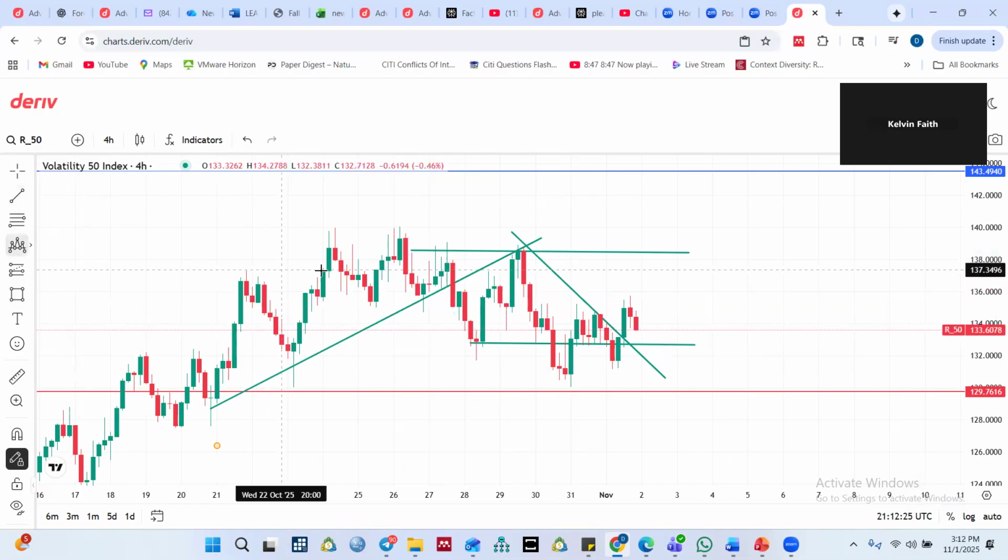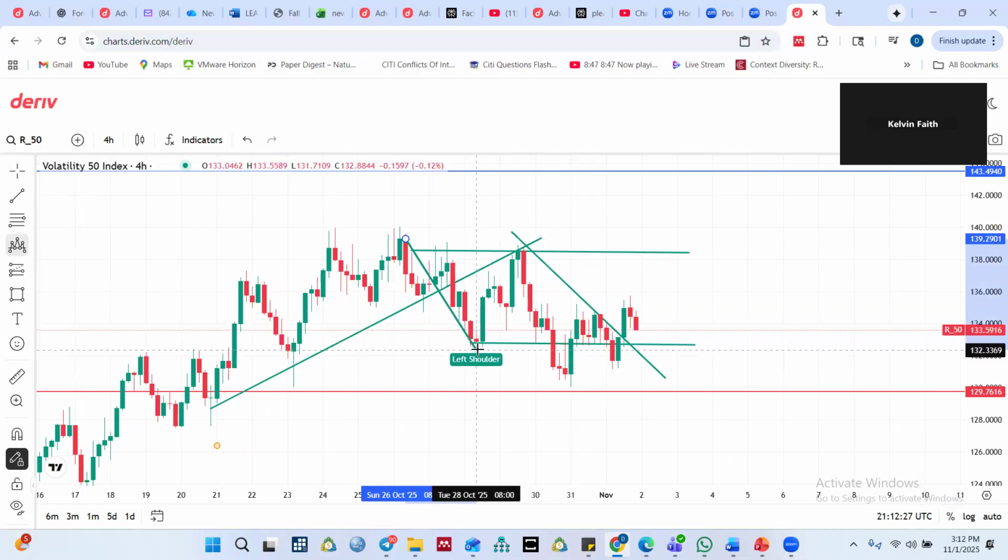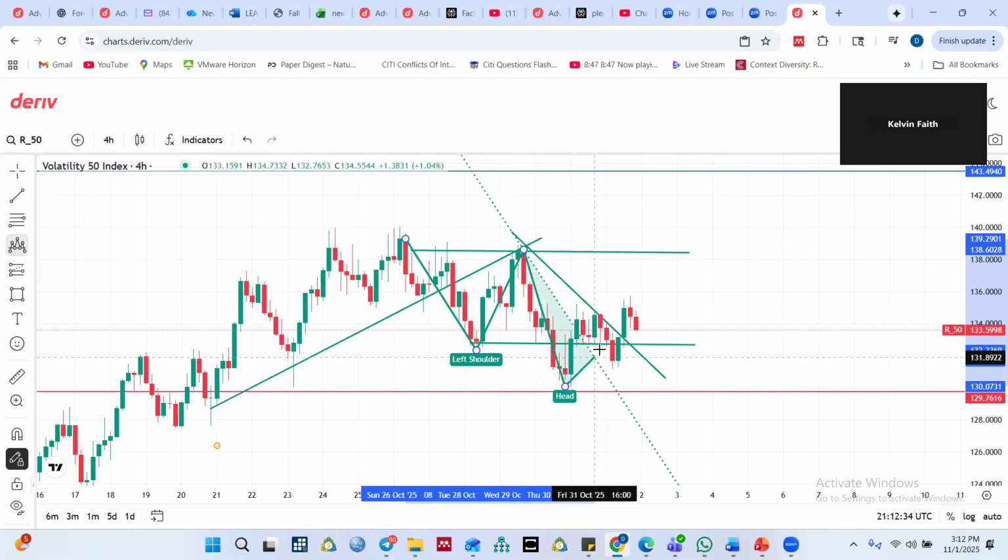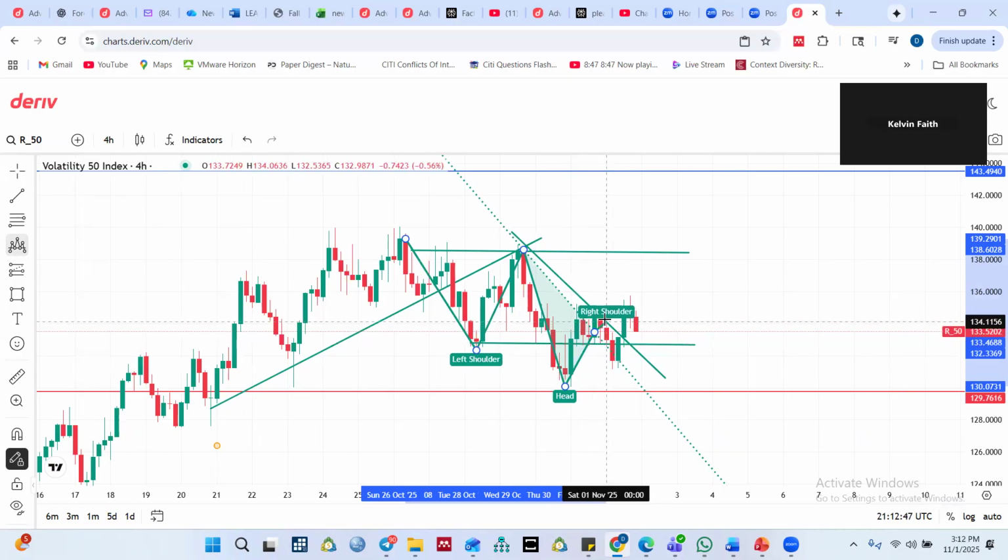Let me measure it this way. A low, high, lower high, price hits the neck, drops a little bit to form a right shoulder somewhere here, moves up above the neck, drops back to form another right shoulder, which is the sweep of that first right shoulder.